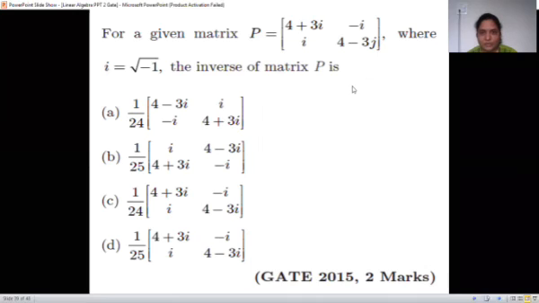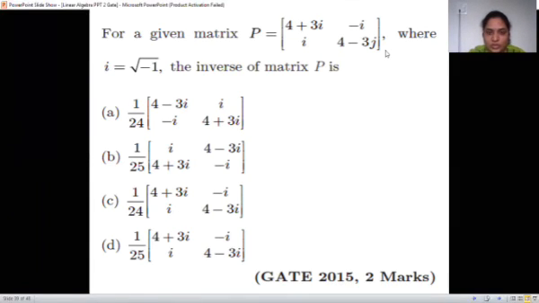For adjoint, first find the matrix of cofactors. The first element in the cofactor matrix is P11. Hiding the first row and first column, we get 4 minus 3i. So the first element is 4 minus 3i into minus 1 raised to 1 plus 1, that is 1.